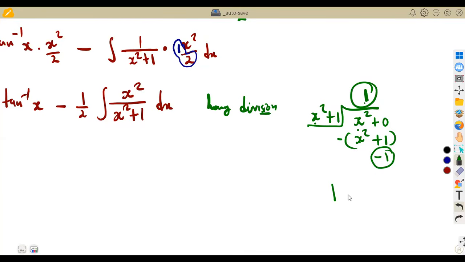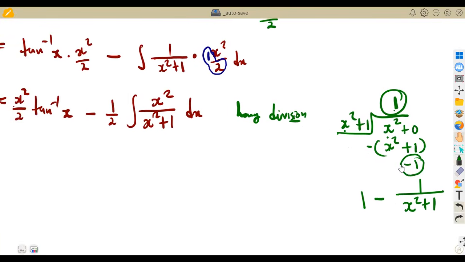The remainder, we write as minus 1 over what we were dividing by, which is x squared plus 1. So by long division, this is what we are going to have in simplest form.